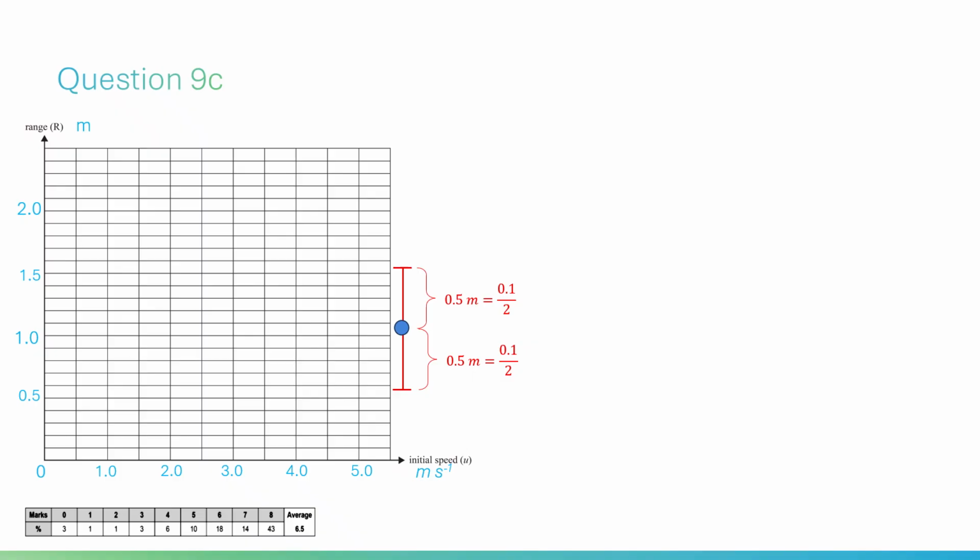Determining uncertainty: the absolute uncertainty for a measuring tool marked at regular intervals is typically plus and minus half of the smallest graduation. Drawing uncertainty bars: on the vertical scale, where one small grid square equals 0.1 m, each vertical error bar must extend exactly half a grid square up and half a grid square down from the center of each plotted data point.